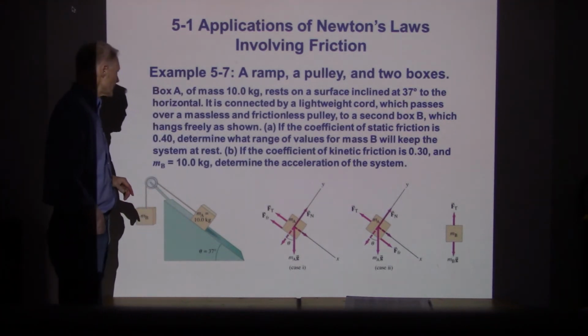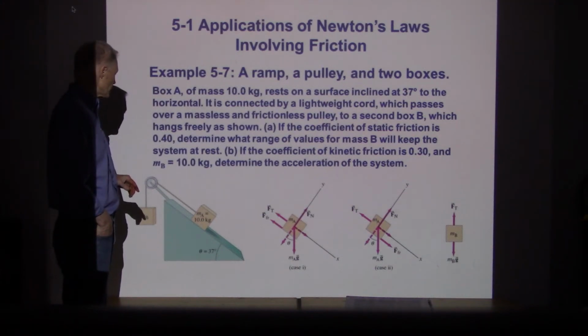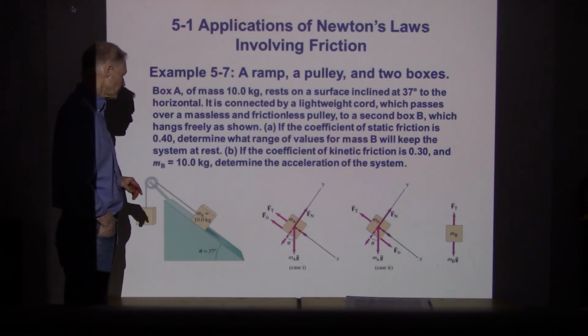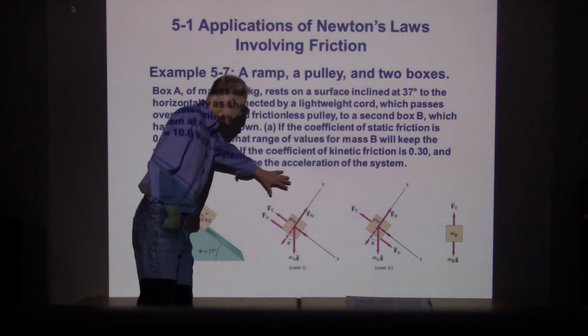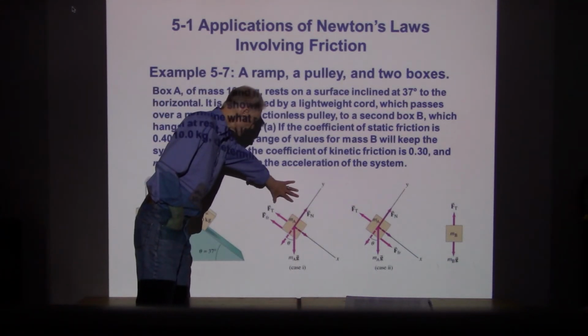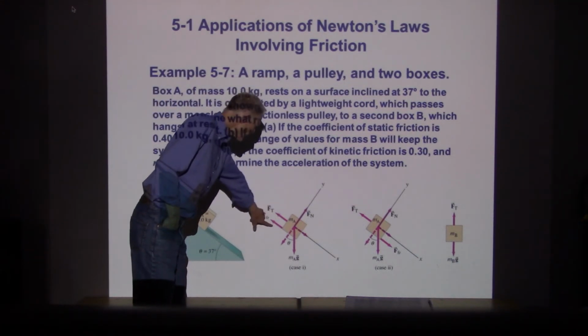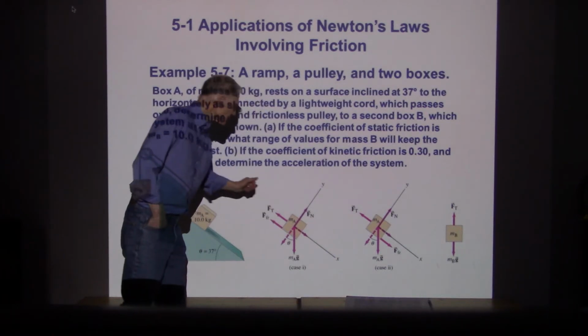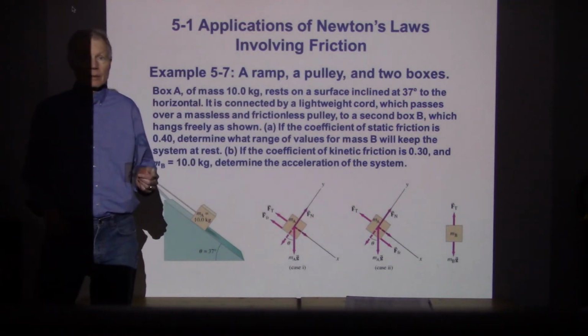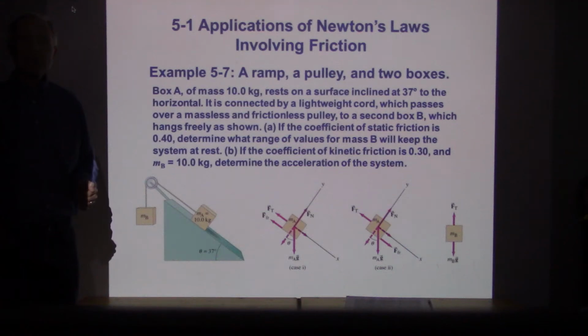So if mass B is small, then we need friction operating in this direction to prevent the box from sliding down the incline.